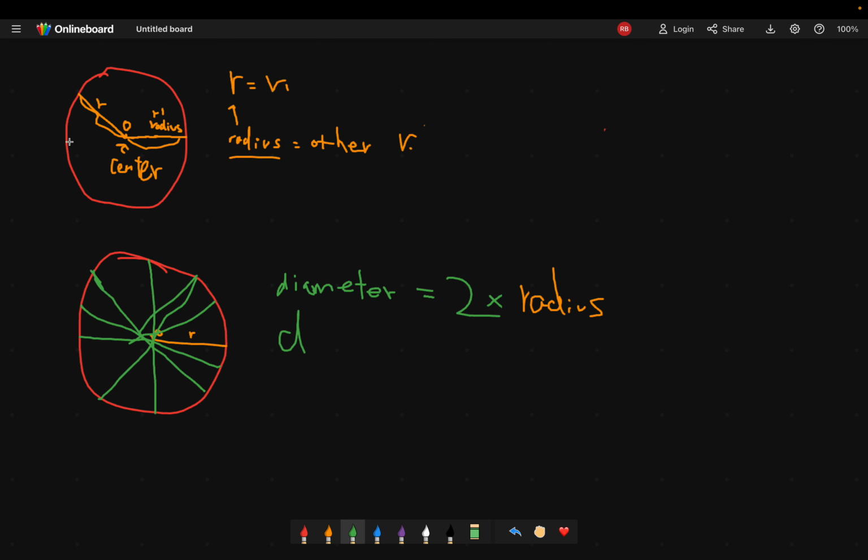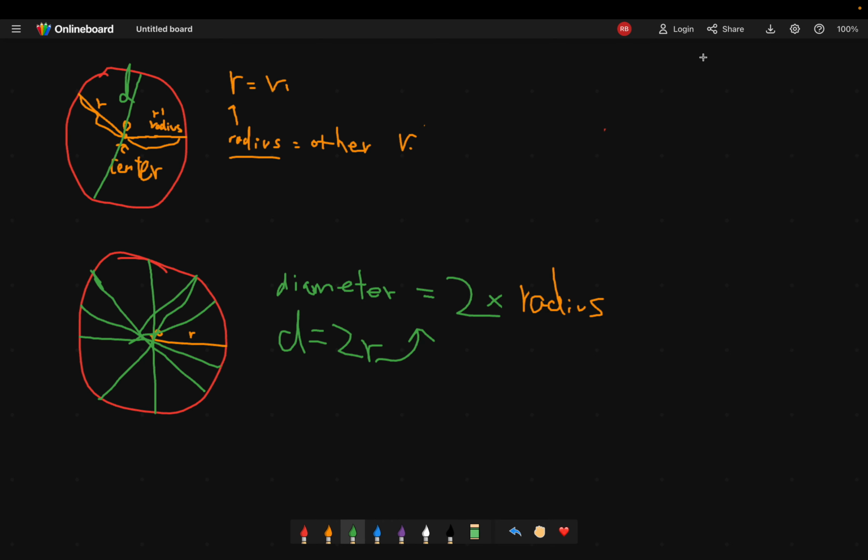Diameter's a long word, I'm just going to write D. D is equal to 2R. That is basically just that, D, diameter equals 2R.